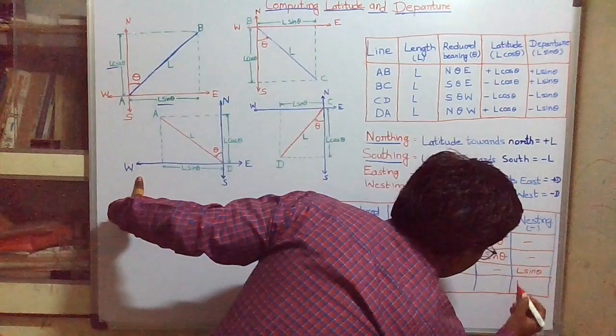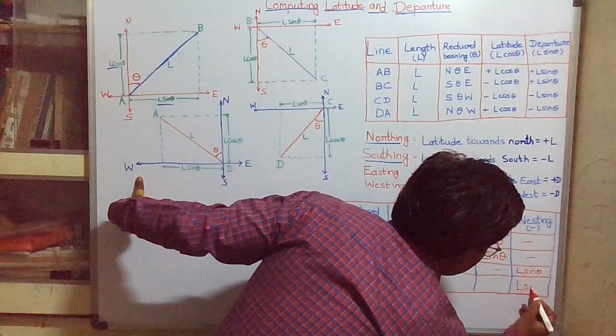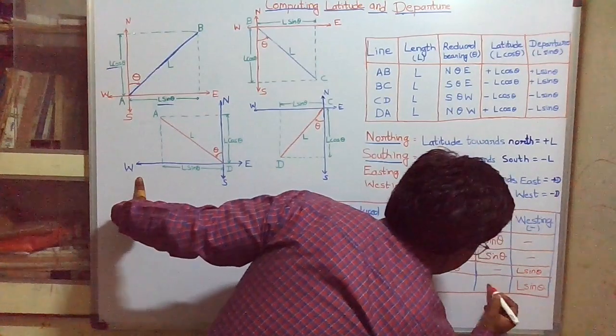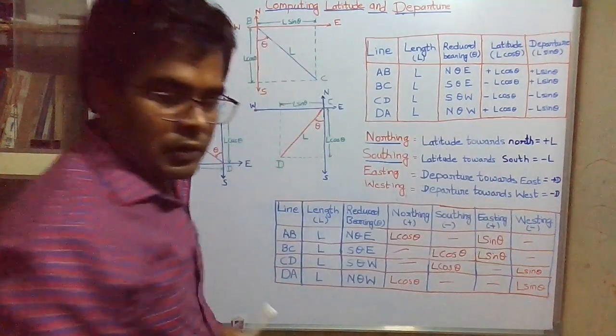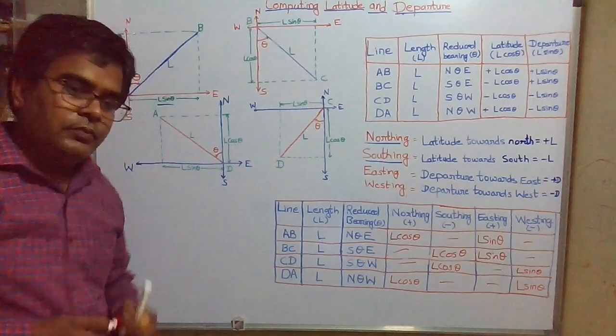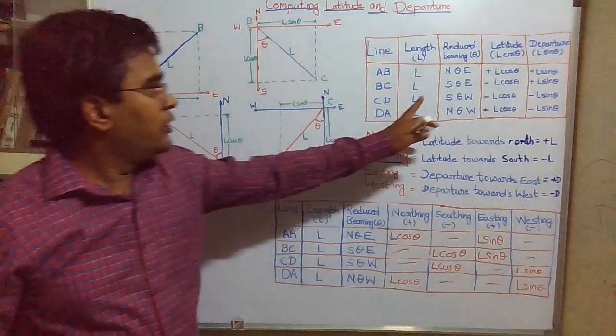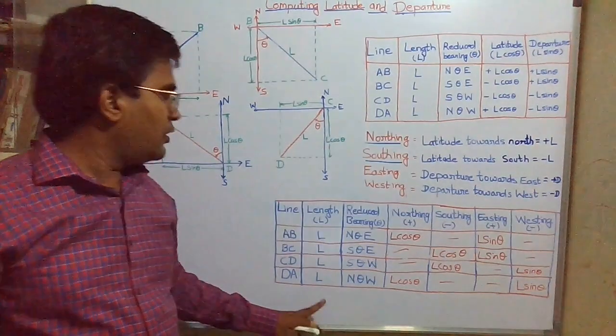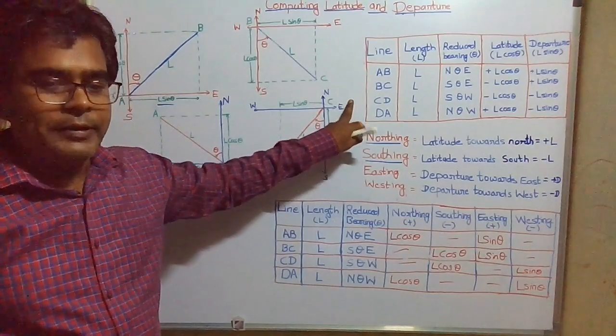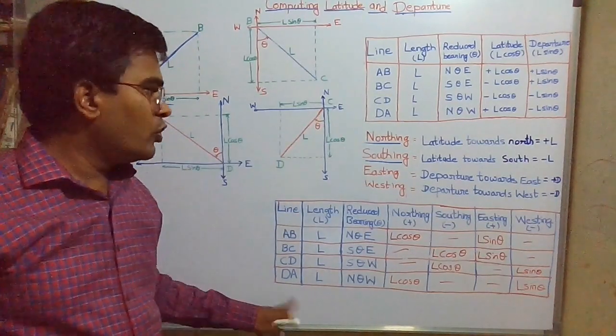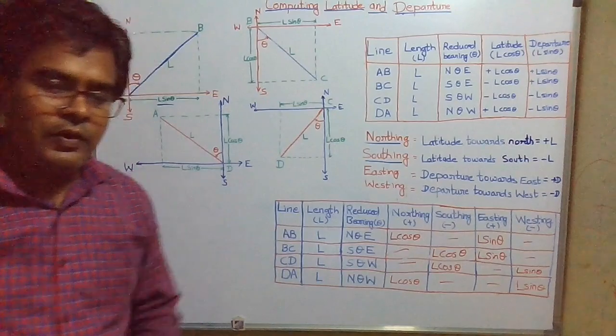Got it? Simply, this is the two forms of the table: one in the form of latitude and departure, and another in the form of northing, southing, easting and westing.